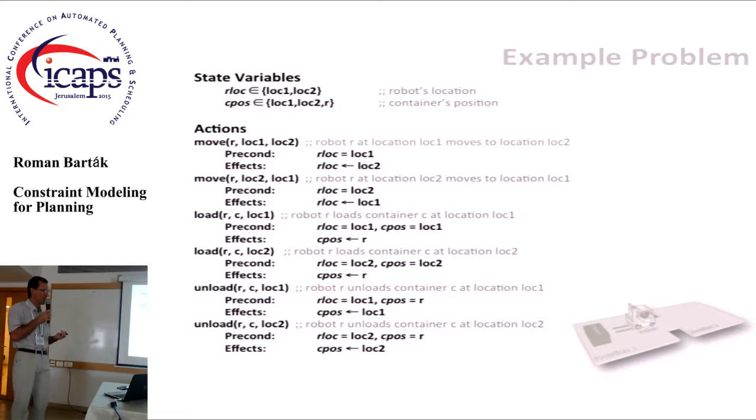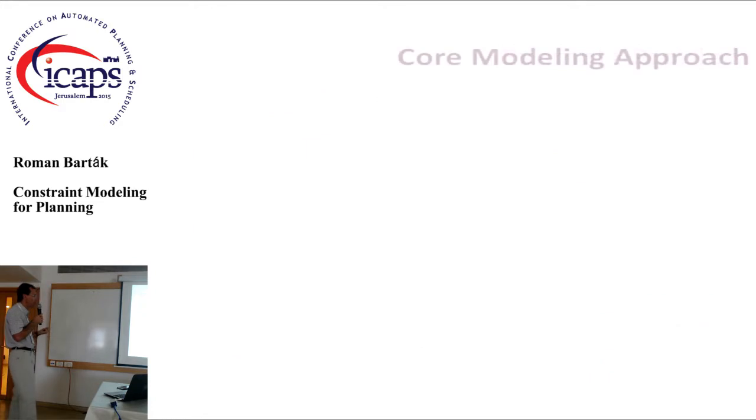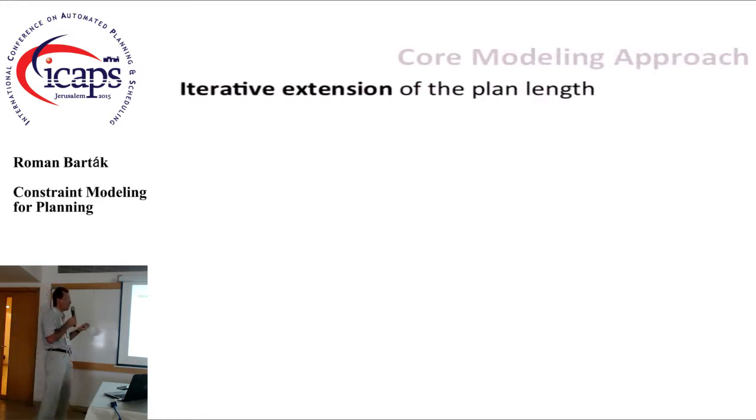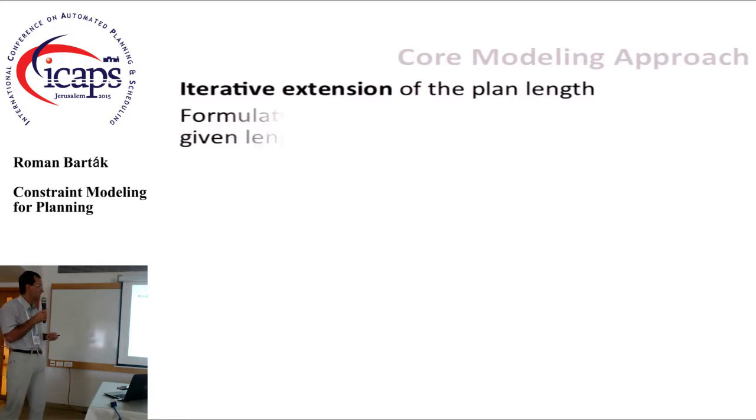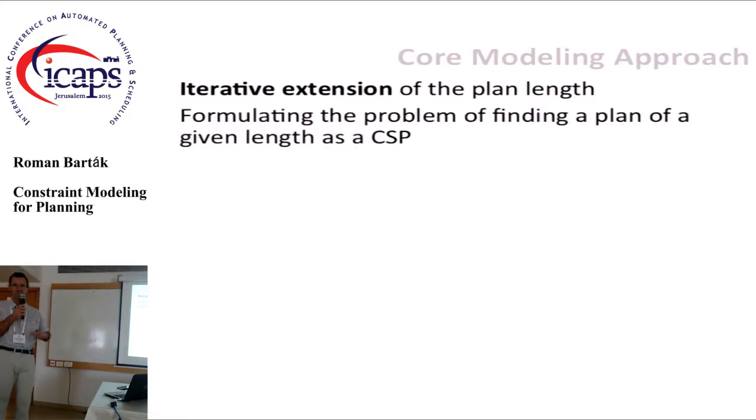So that's a problem, because we don't know how many actions there are, so we don't know how many variables we need for the actions. So we will use the classical approach of finding the plan by iterative extension of the length of the plan. We will encode the problem of finding a plan of a given length as a CSP, and if we fail, if there is no plan, we extend the length, right?